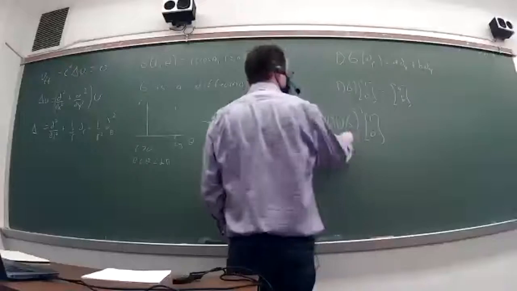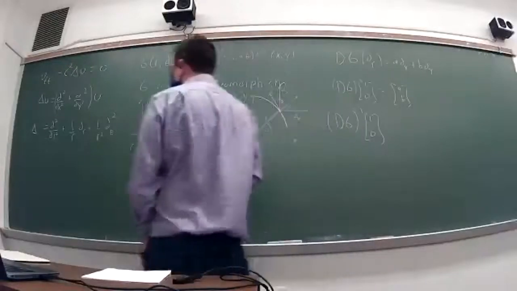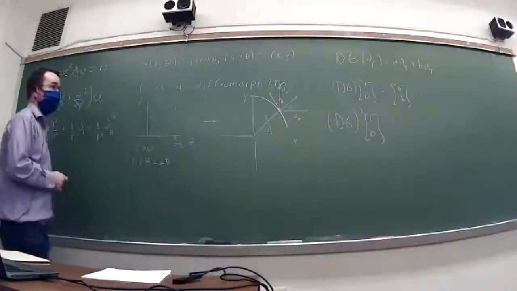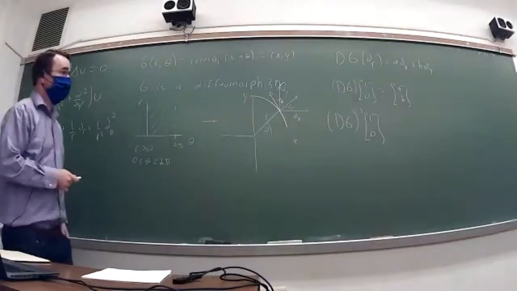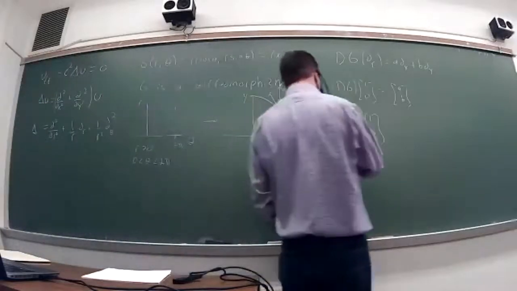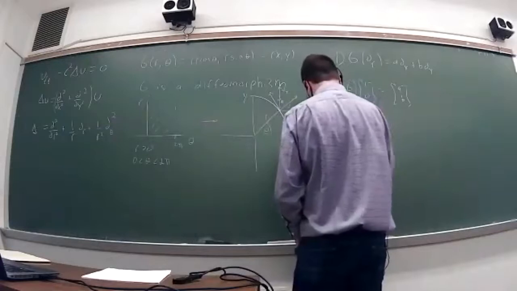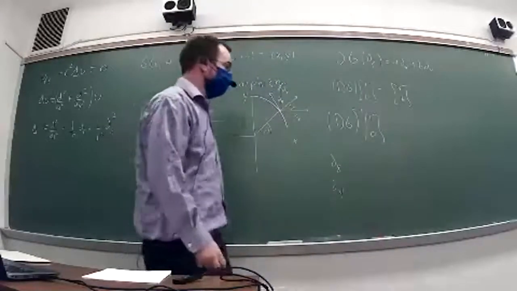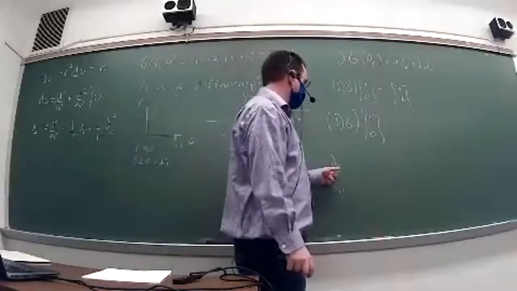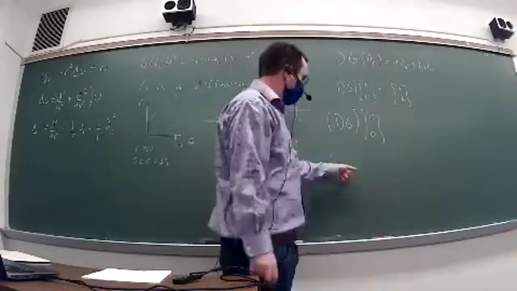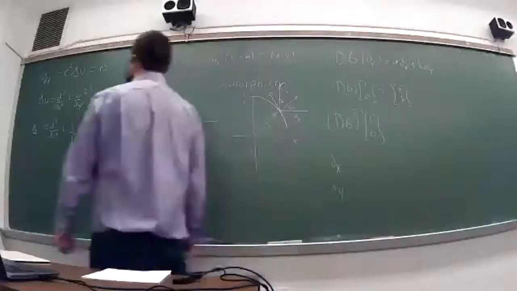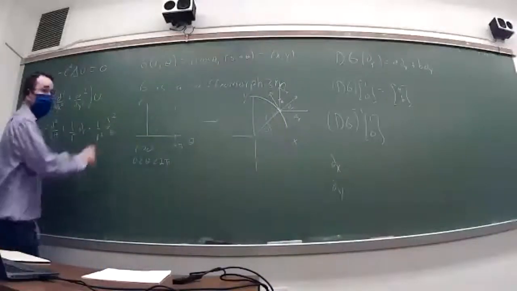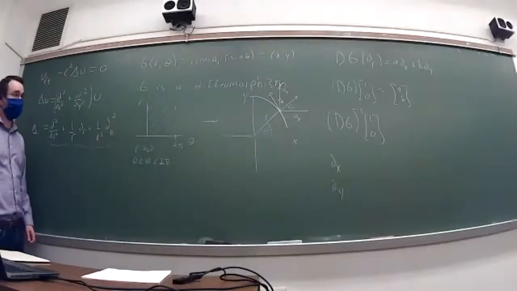I encourage you to actually check that out. It's a cool use of linear algebra. If you do that to find formulas for dx and dy, you can just plug them in, take dx squared of u plus dy squared of u, and this will pop out automatically.